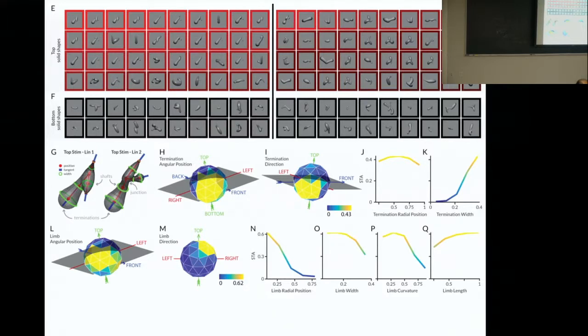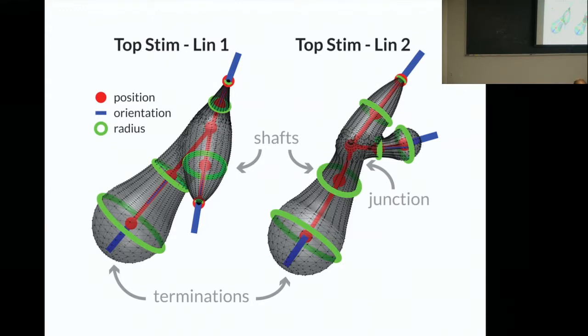But in this case, what we've done is a parameterization that's very close to our generative model in terms of the medial axes. We measure their three-dimensional position relative to the center of mass. We measure their orientation, and we measure the radius, which was another thing that we specified in our generation model, and then we used cubic splines to smooth out the transitions between the different specified radii.